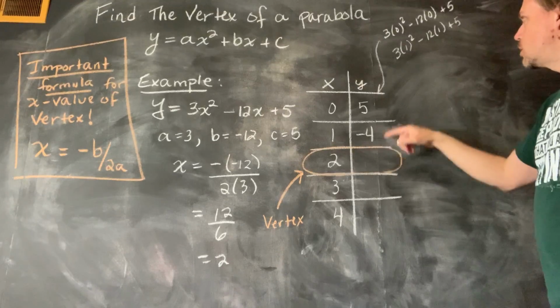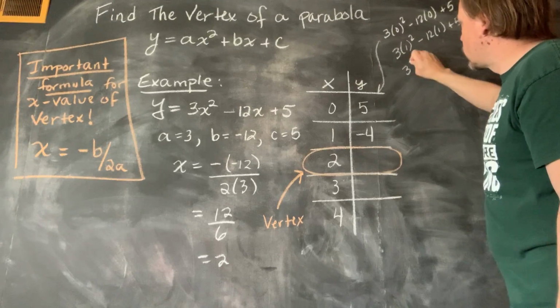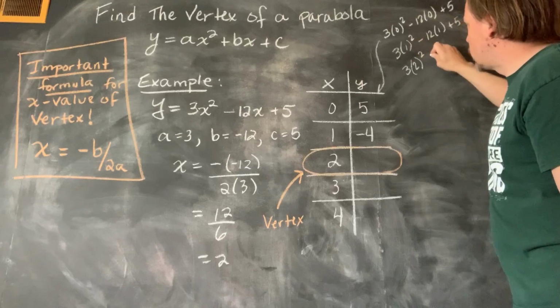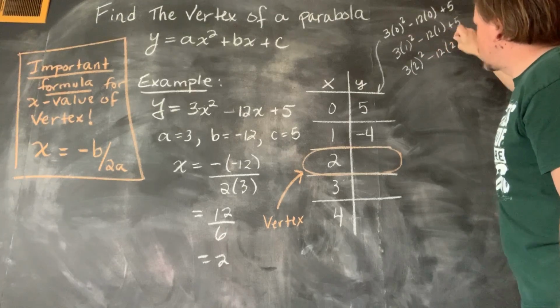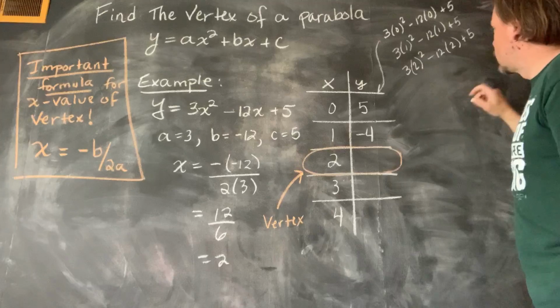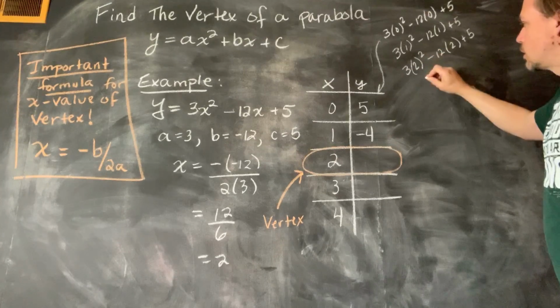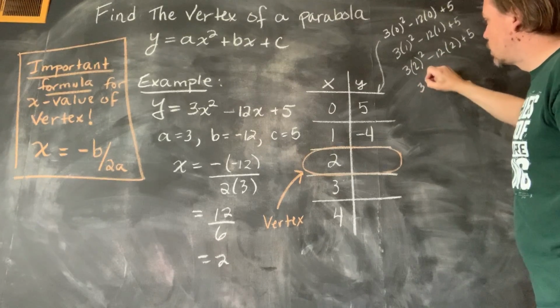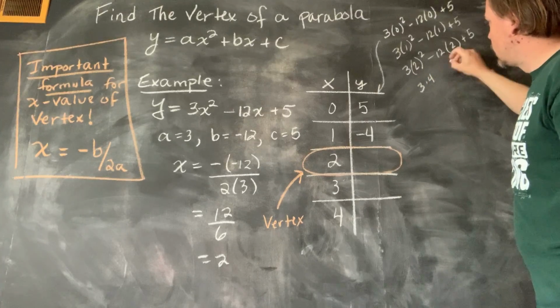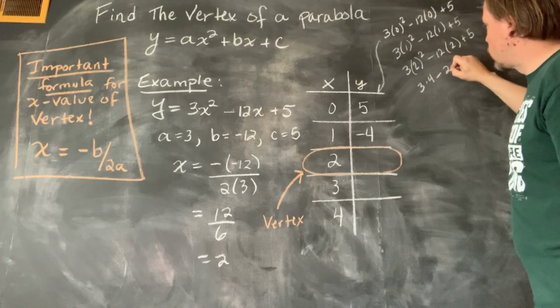Now I'm going to substitute 2 for x. So 3 times 2 squared minus 12 times 2 plus 5. 2 squared is 4. And I'm going to actually write this one out. 3 times 4, 12 times 2 is 24.